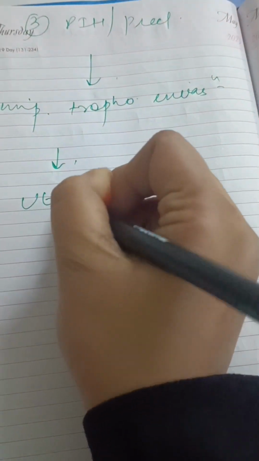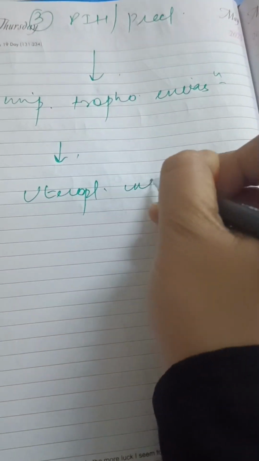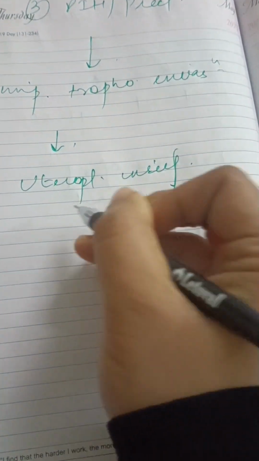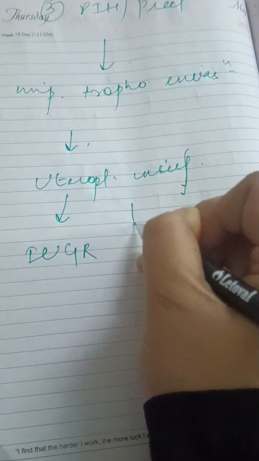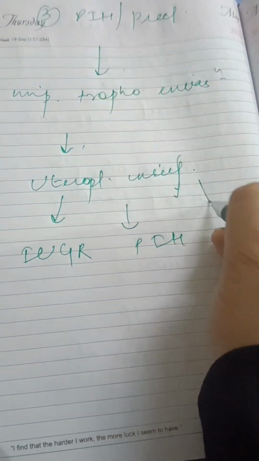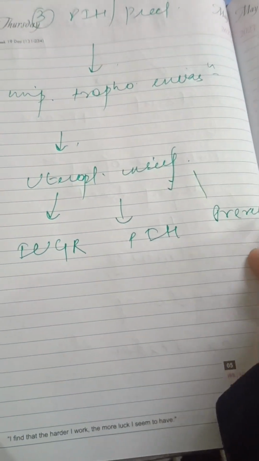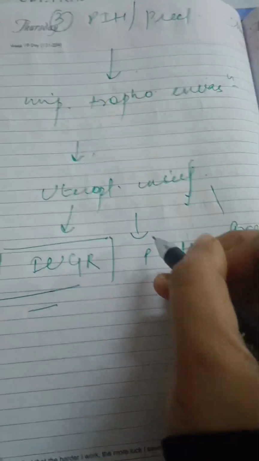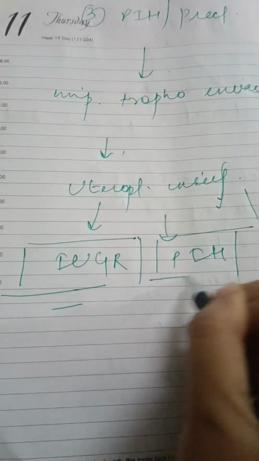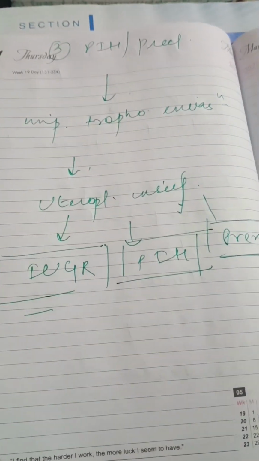This trophoblastic invasion causes uteroplacental insufficiency, which can lead to IUGR, PIH, and preeclampsia. So we can understand now how GDM can lead to IUGR, PIH and preeclampsia.